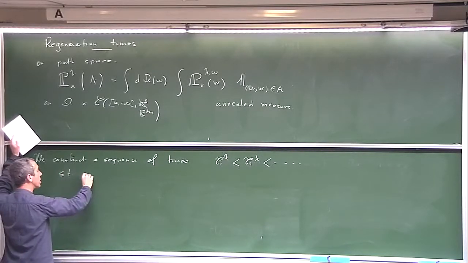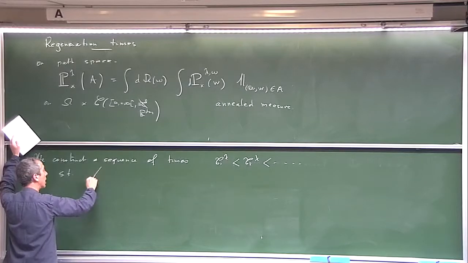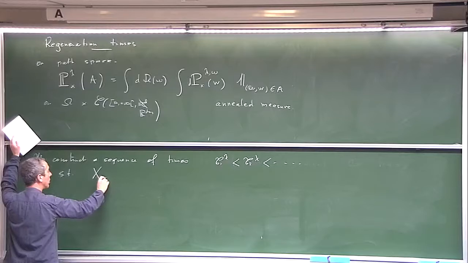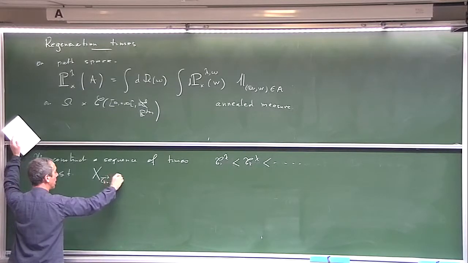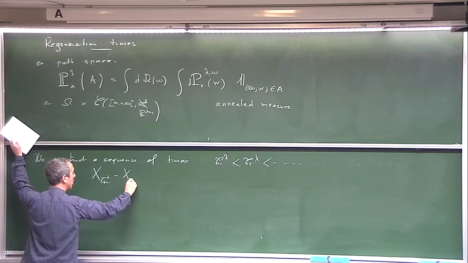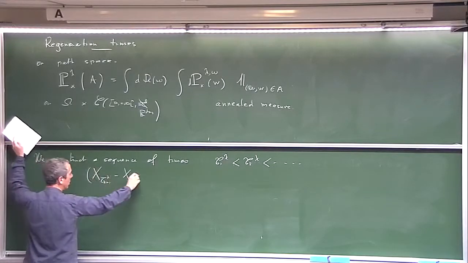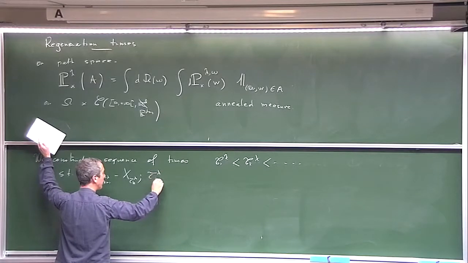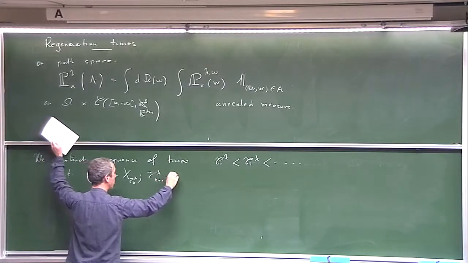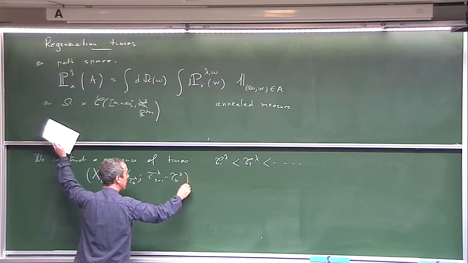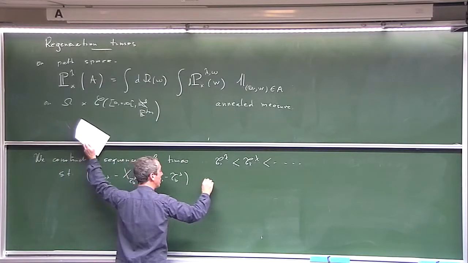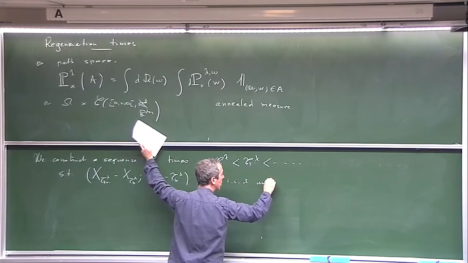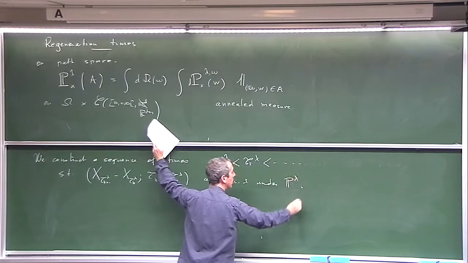Such times, such that if you look at x at time tau k plus 1, lambda minus x at time tau k lambda, and probably we also need the increments of the times. So tau lambda k plus 1 minus tau lambda k. These random variables are IID. And P lambda.